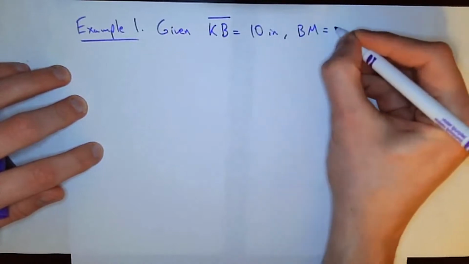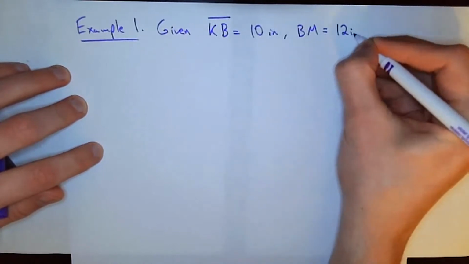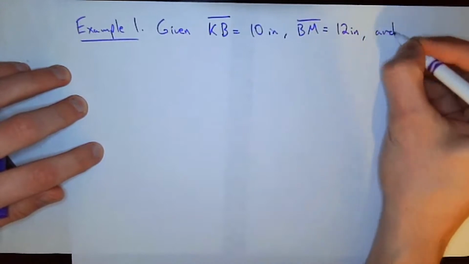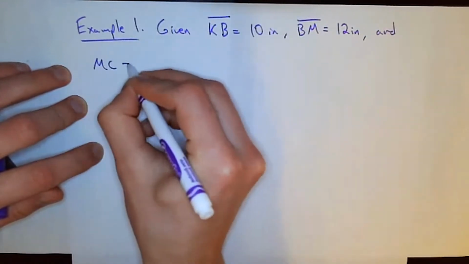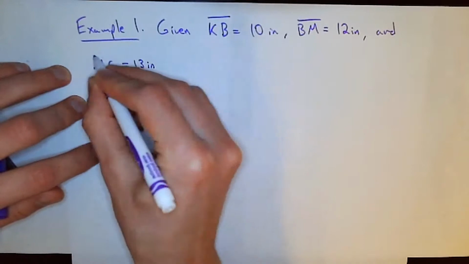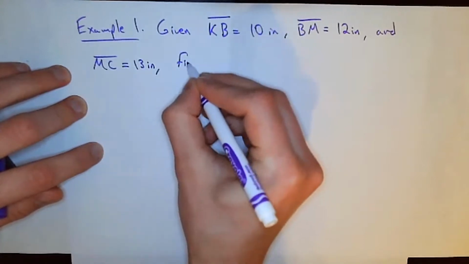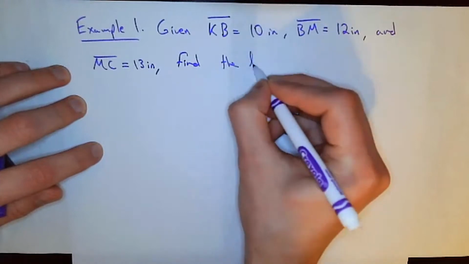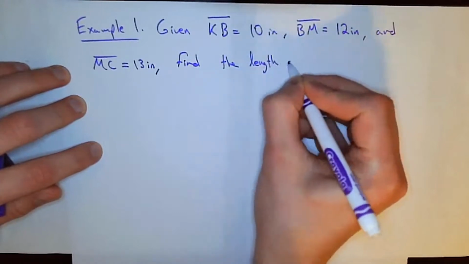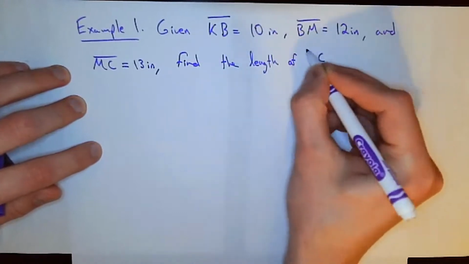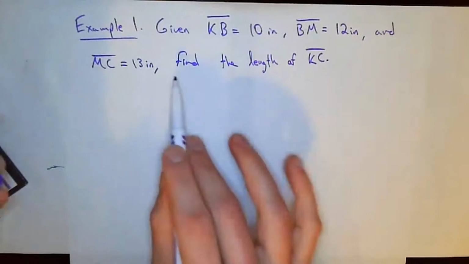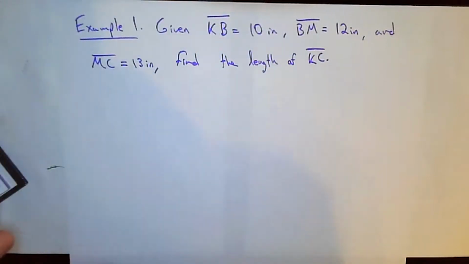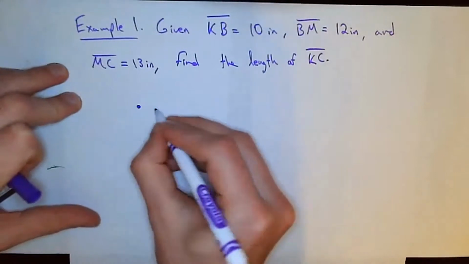BM is equal to 12 inches, and MC is equal to 13 inches. Find the length of KC. So notice I didn't just say find KC, I said find the length of KC, right? Just making a note there about that.